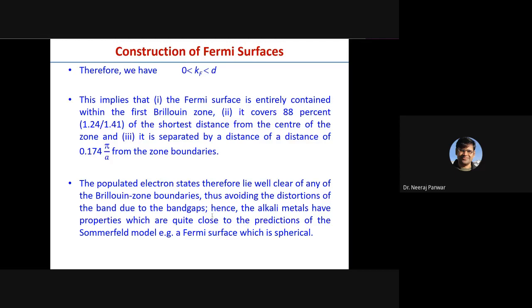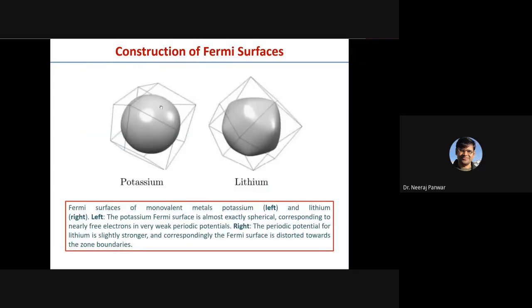Therefore, in the case of alkali metals, especially sodium and potassium, we see that their Fermi surface is almost spherical. It varies only 3% from the spherical shape. And this is what has been shown here.